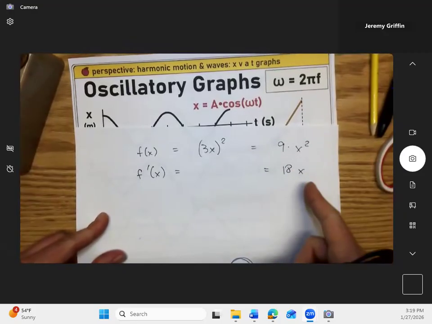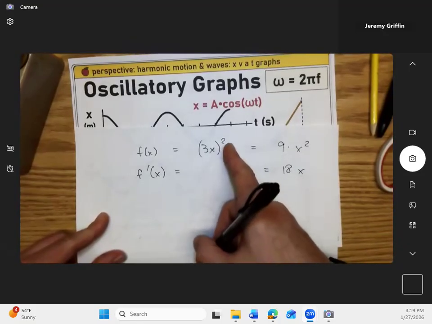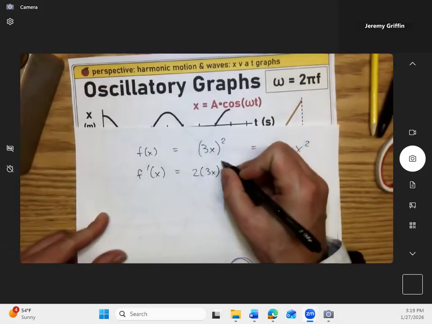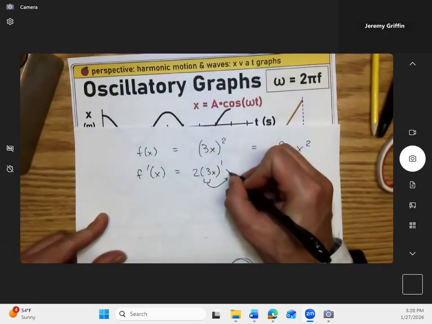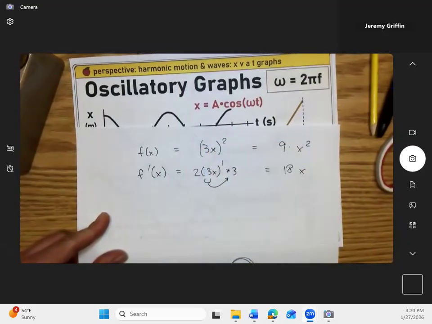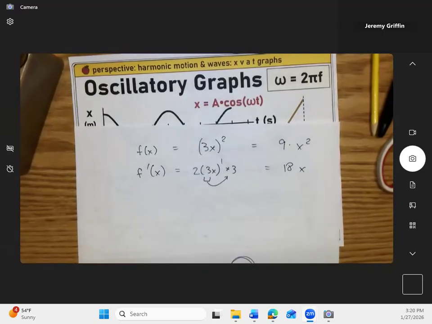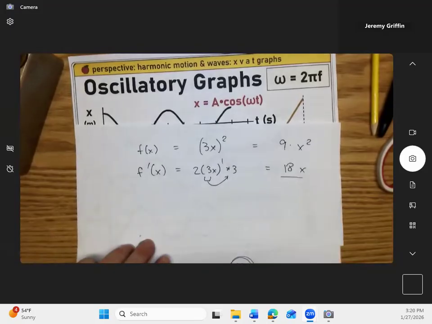That's the rate change of this parabola. Or alternately, can I take this 2 and pull it in front and do 2 times 3x to the 1? But then I have to do chain rule. So I have to say times 3. Put it all together. Guys, what's 2 times 3 times 3? 18, which is the same thing as this over here. You guys see? All right, so that's a little chain rule.